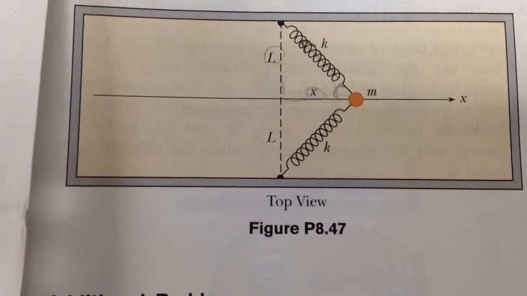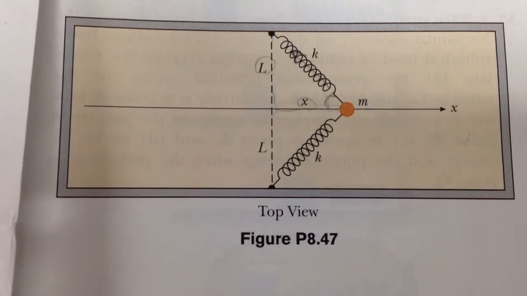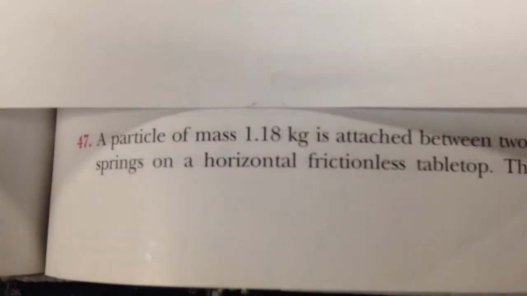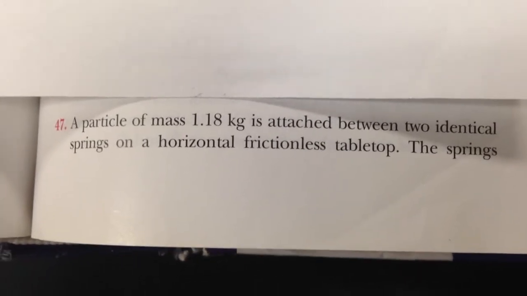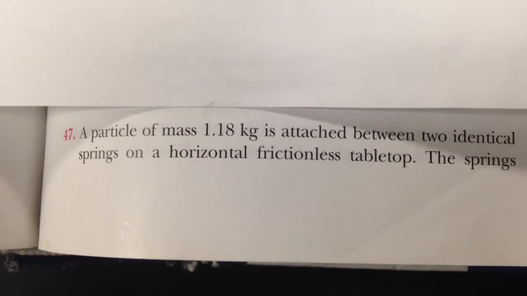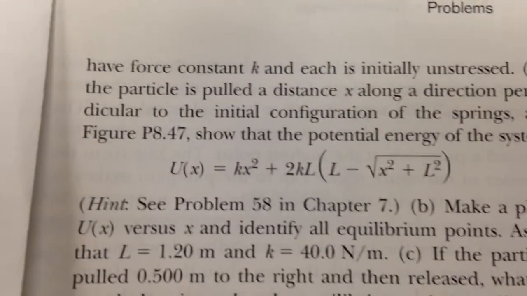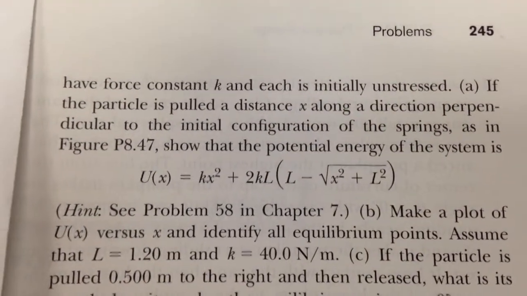This is Chapter 8, problem number 47. A particle of mass 1.18 kilograms is attached between two identical springs on a horizontal frictionless tabletop. The springs have force constant K, each initially unstressed.